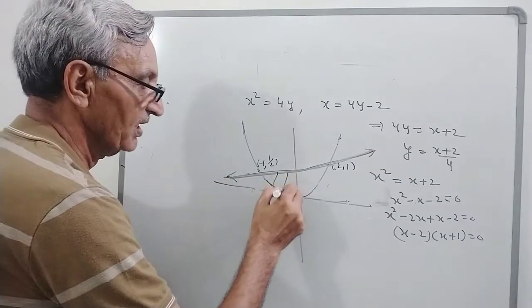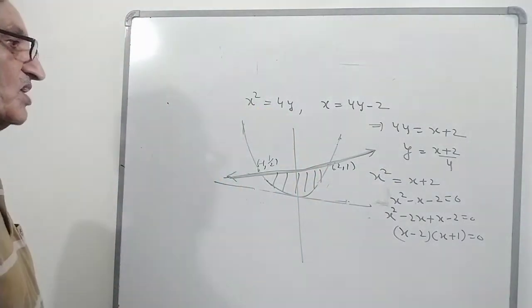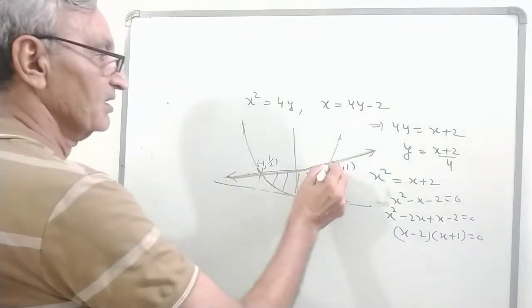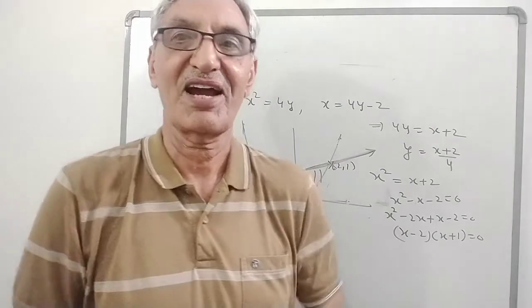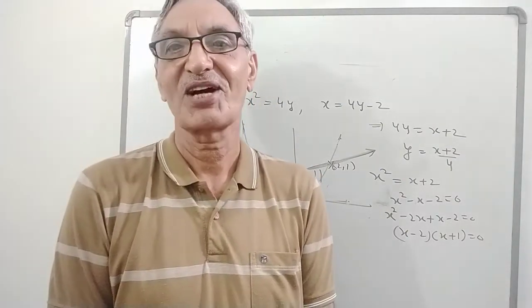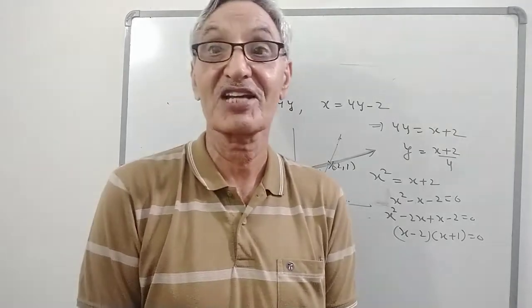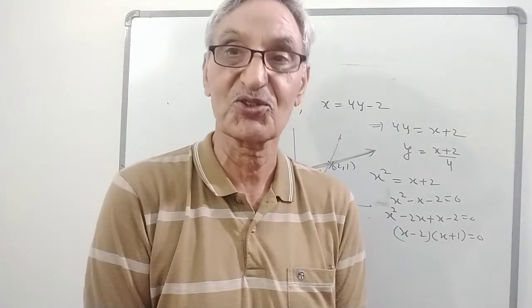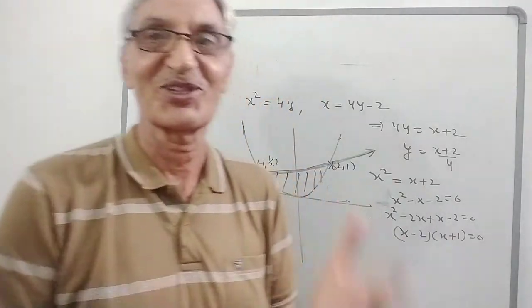What we have to find is the area between the curve and the straight line. I forgot to draw the line, so I just corrected myself. To find the points of intersection, we found x is equal to -1 and x is equal to 2. Find the two points, join them, make a line, and now do the question.